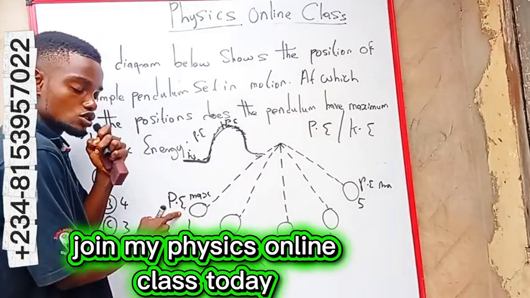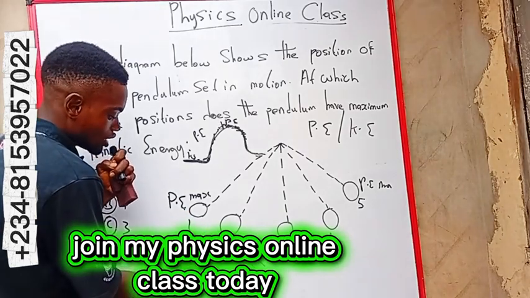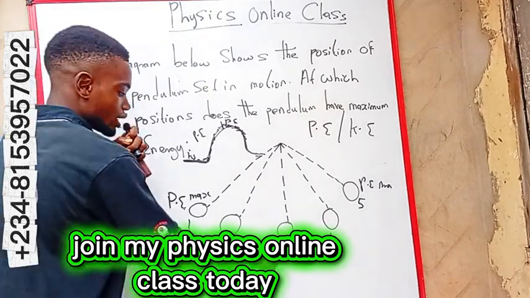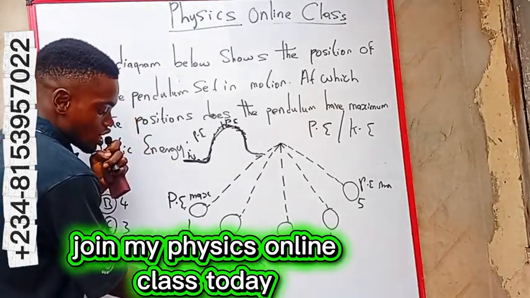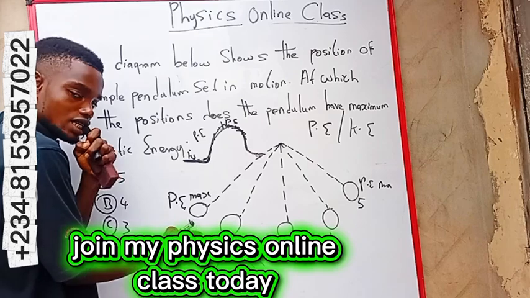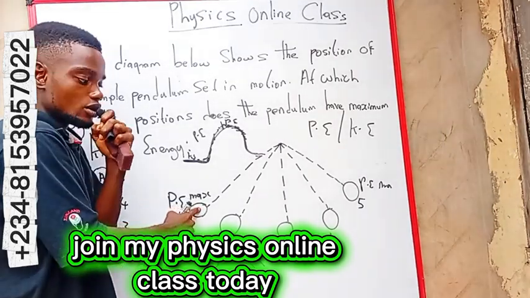Because the kinetic energy is all consumed here. The kinetic energy is losing here, while the potential energy is increasing. Now, when it is here, the kinetic energy is less than the potential energy. At this point, there is no more kinetic energy, but maximum potential energy.